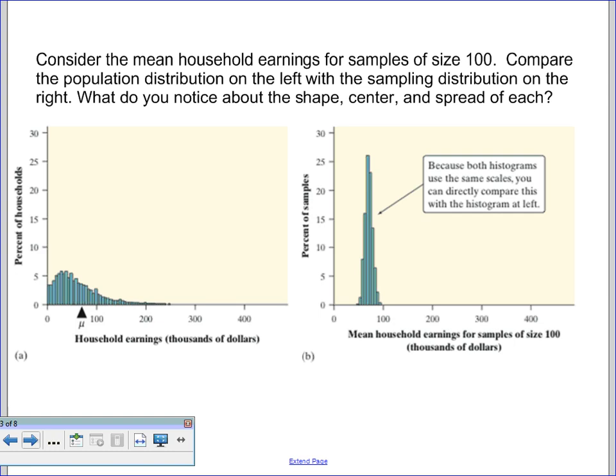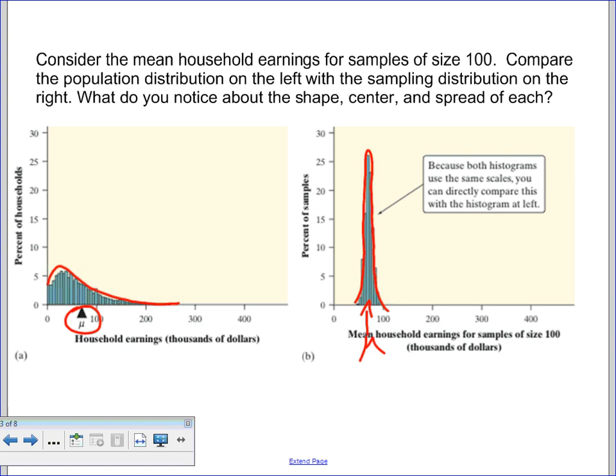So let's say we have a graph of household earnings. Now this is clearly not approximately normal. It's obviously right skewed. And so here is mu, the average household earnings. And what you'll notice is that the standard deviation of the sampling distribution is much, much less, but it is also centered at the exact same place.